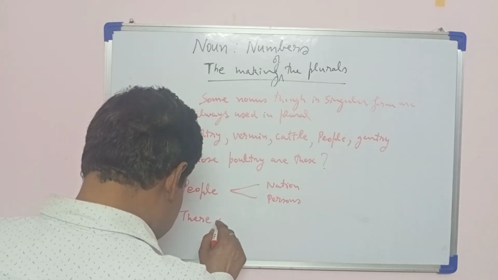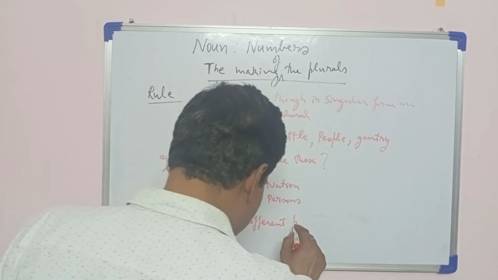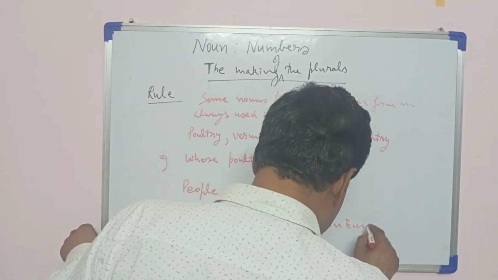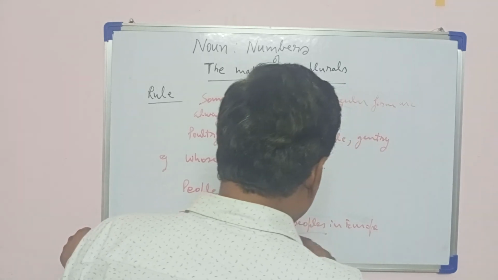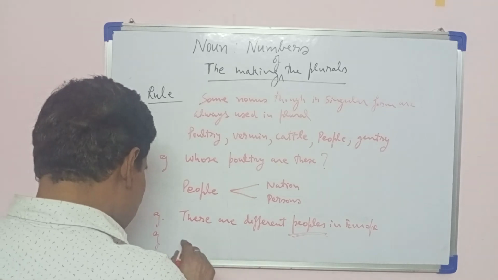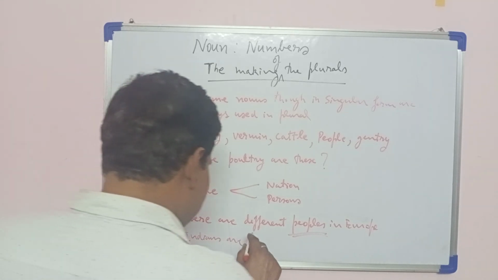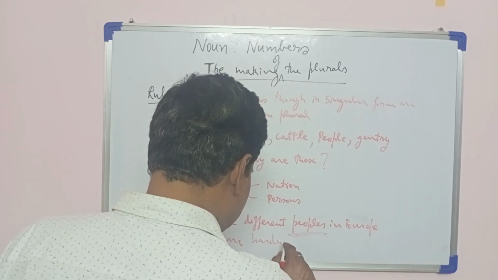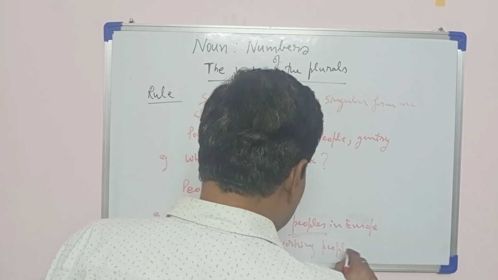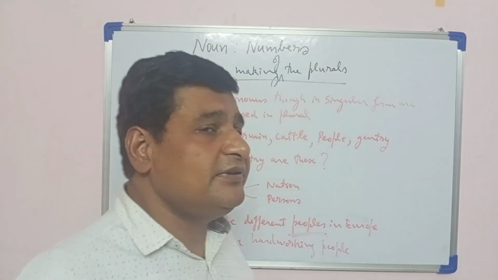There are different peoples in Europe. So here peoples means nations. There are different nations in Europe. Indians are hard-working people. So here people is referring to the persons and peoples is referring to the nations.